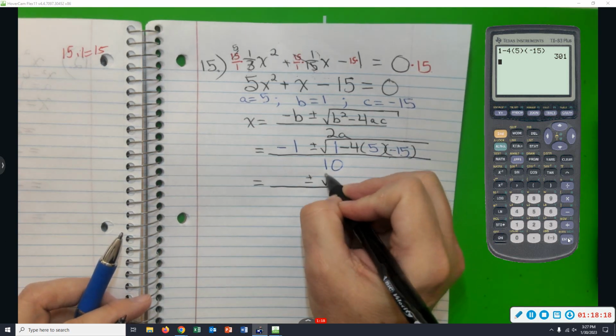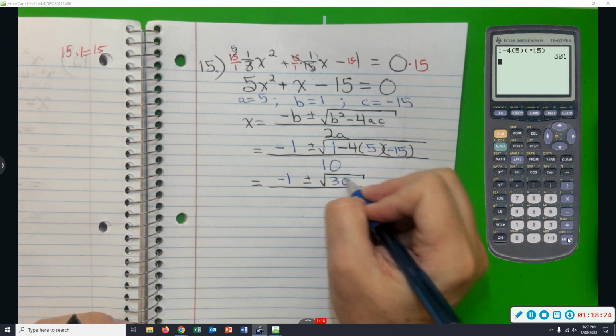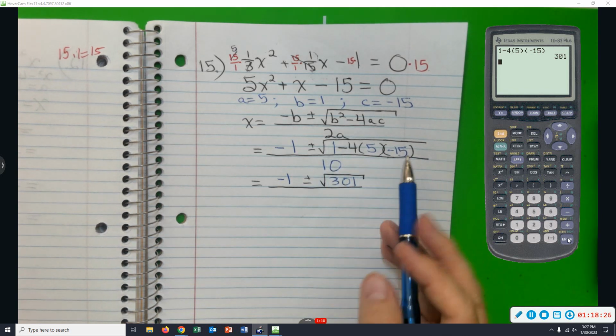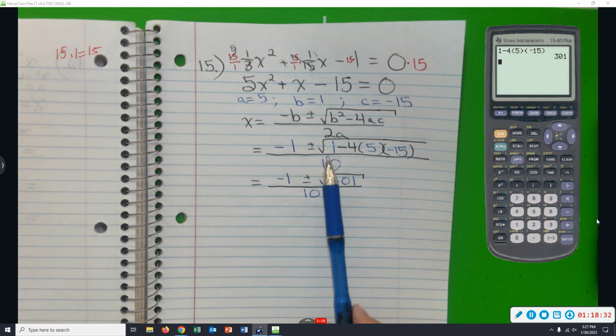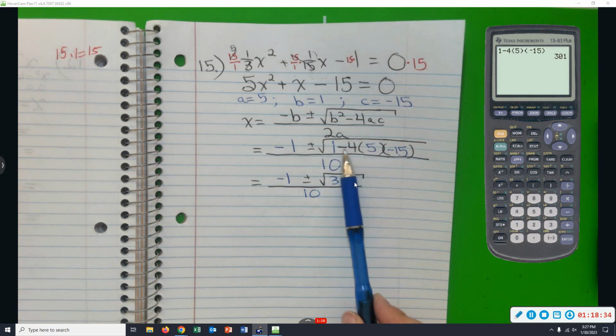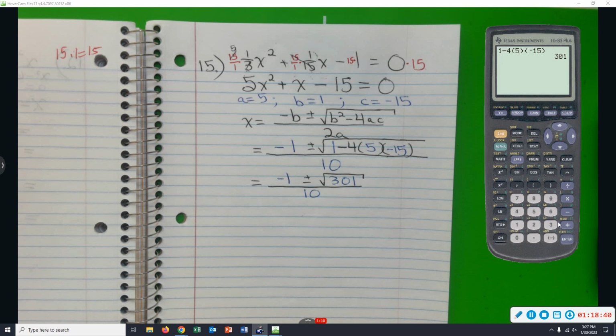So plus or minus, I have a negative 1 plus or minus the square root of 1 minus 4 times 5 times negative 15, so the square root of 301. Is 301 a perfect square? No. Play around with your calculator. Do you think the square root of 301 can be reduced?